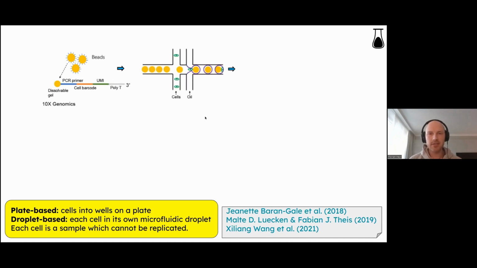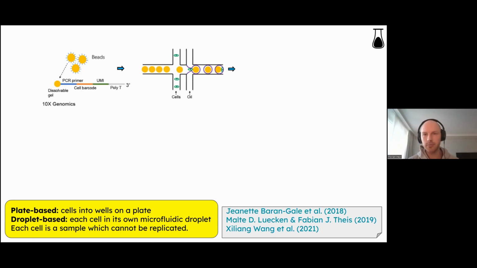And these beads are then combined in this technique with a cell. So you try to capture one cell at a time with these beads. And so in the first junction, you introduce your cells to the beads. And in the second junction, you introduce an oil, creating kind of an oil emulsion, where you capture your beads and your cells.